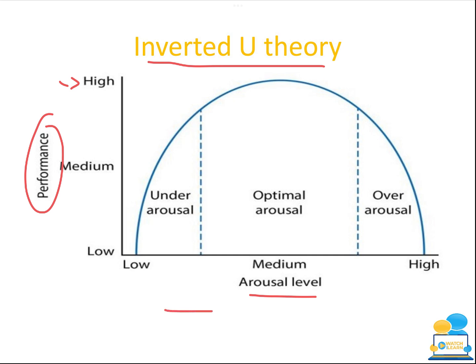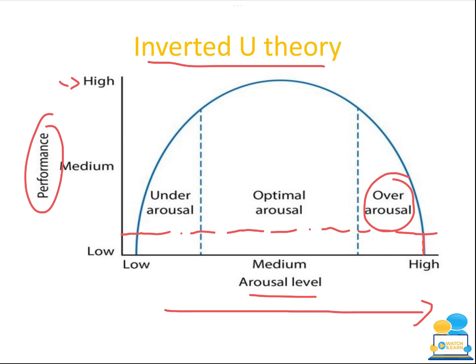Here we can see the higher the arousal level goes, we're at risk of going into over arousal. So let's say we have maximal arousal, someone is really hyped up, but that's going to lead to low performance. On the other hand, if we have a medium level of arousal, we come up here like so, and we draw across, a medium level of arousal would lead to high performance. So what is a medium level of arousal?